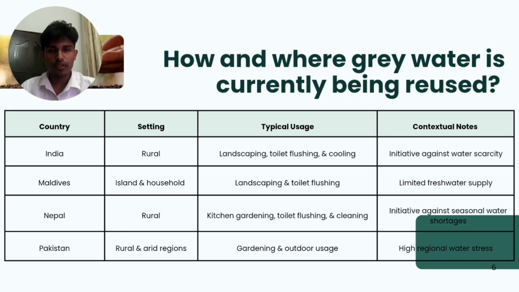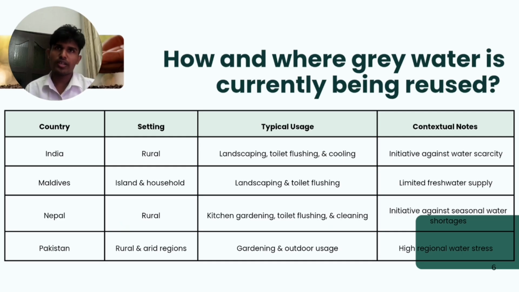However, where is grey water currently being reused? According to this table, you can clearly see there are many nations trying to reuse grey water. According to the table, you can clearly see India, our nearest neighbor. India uses grey water for landscaping and gardening and toilet flushing, and even as a coolant, as they do so many industrial work.